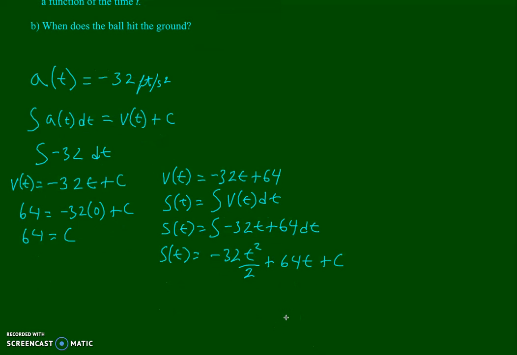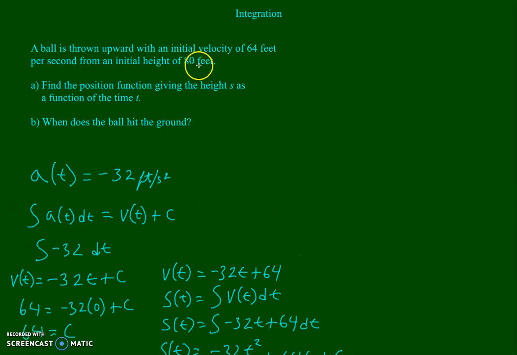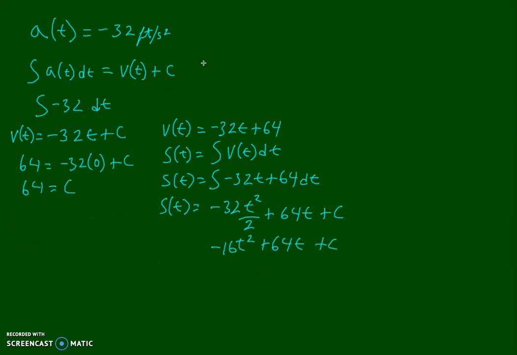Now let's simplify. This gives us negative 16t squared plus 64t plus c. And this is our position. And remember that they said we had an initial height of 80 feet above the ground. So at time t equals 0, this position was 80 feet. So this is our s of t here, so let's rewrite that.